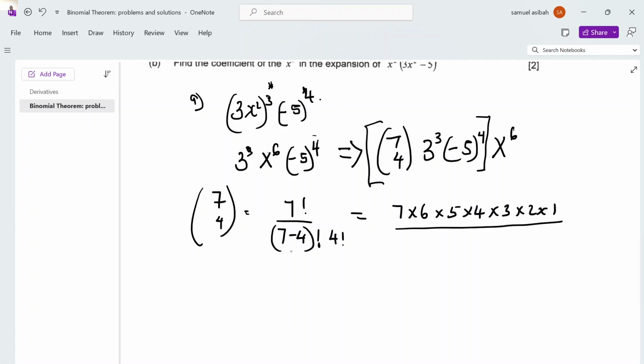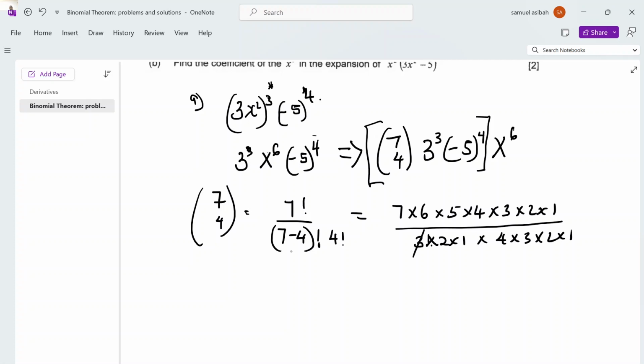Then we have (7 minus 4) factorial, which is 3 factorial, which is 3 times 2 times 1. And then 4 factorial, which is 4 times 3 times 2 times 1. Okay, that is what it means. So 7C4 here means 7 factorial over (7 minus 4) factorial times 4 factorial.